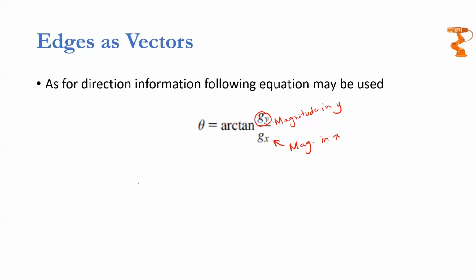Now this direction can be anywhere between 0 to 180. So you don't need to worry about a 70 degree or an 85 degree direction. This method can give you all the directions between 0 to 180. Okay.